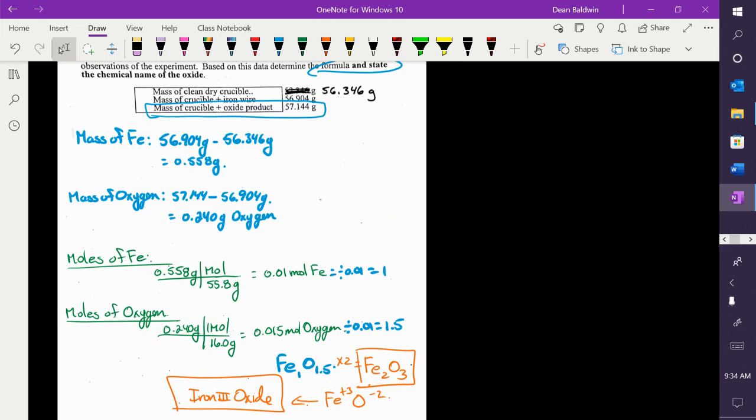So I don't want to know how much iron oxide is there. I want to know how much oxygen is there. Okay? Are there any questions about that? Once you know the grams, then it's just convert to moles and divide by the smallest number.